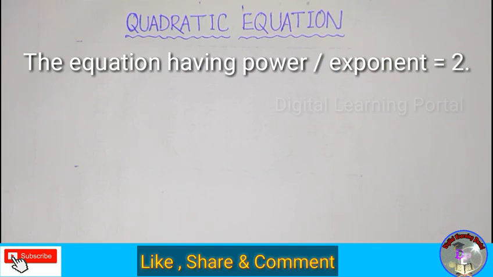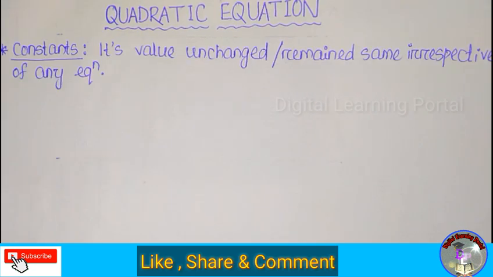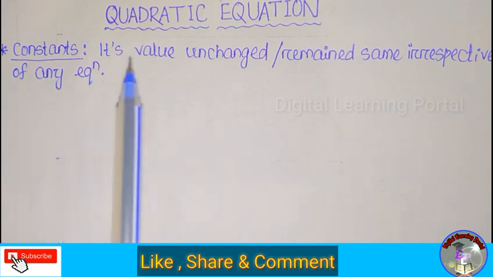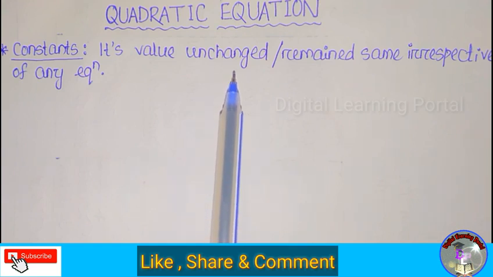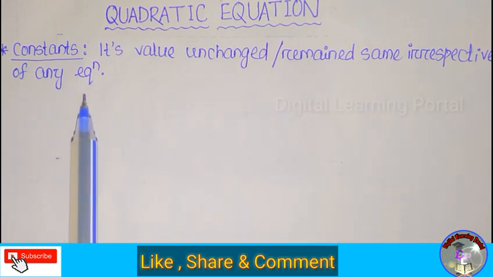Before understanding quadratic equations, first of all we must have knowledge about constants and variables used in the equation. A constant is something whose value remains unchanged, the same irrespective of the equation.